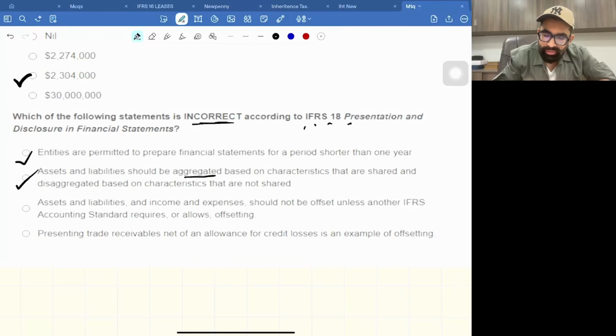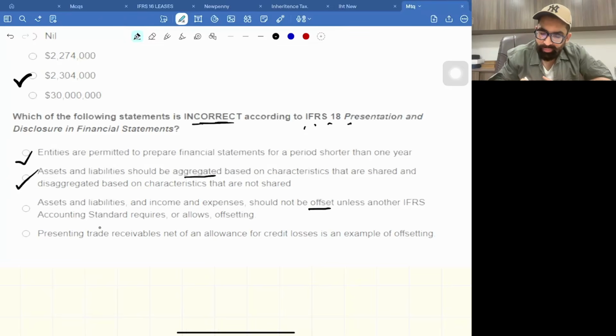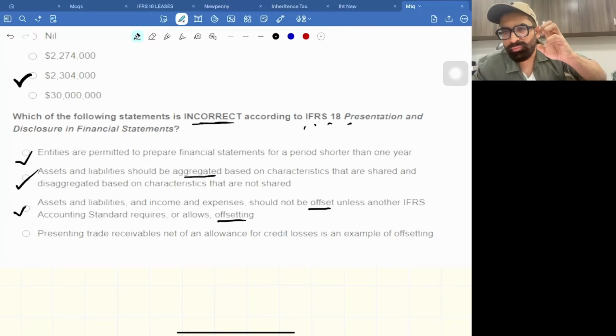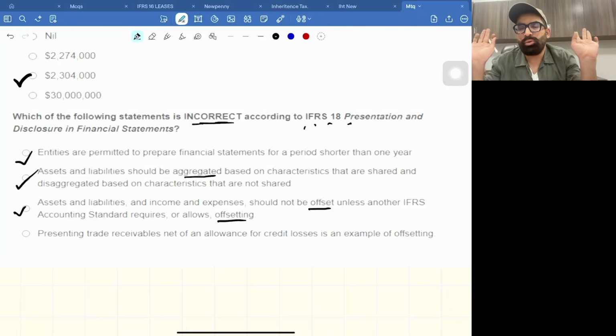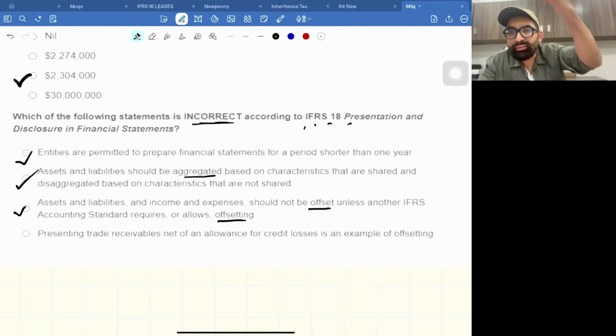Assets and liabilities, income and expenses should not be offset unless another IFRS accounting standard allows offsetting. This is also true. For example, you have a receivable of 100,000 and a payable of 30,000 from the same person. So can you offset according to IFRS 18? The answer is IFRS 18 says I don't know. Ask the relevant standard.